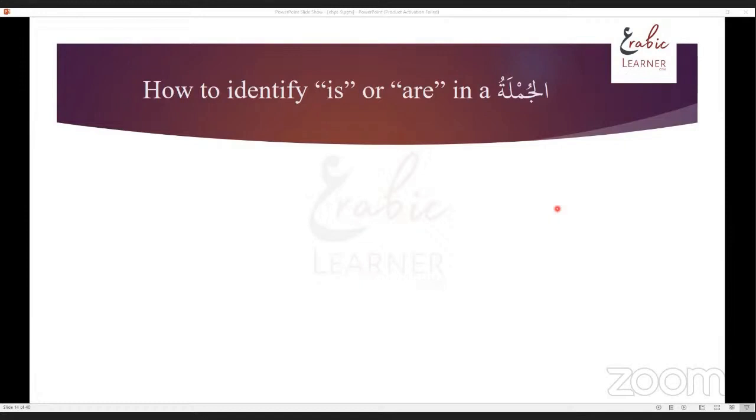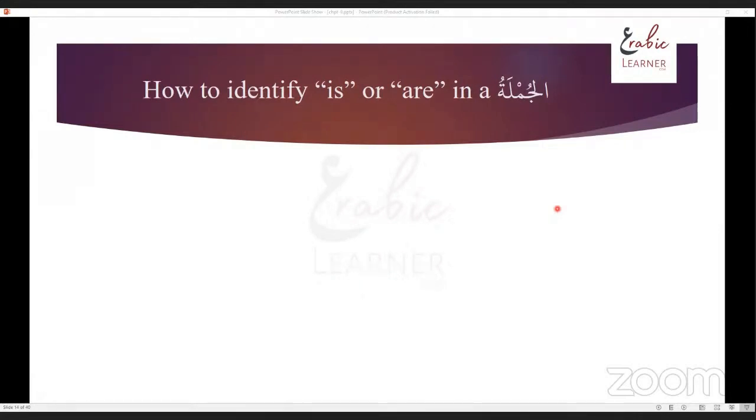If I'm just doing literal translation, I'll say this book, but this doesn't make sense. You know that Hadha kitabun means this is a book. In English, we have the word is, but there is no word for is in Arabic. And in other types of sentences, are is also coming.